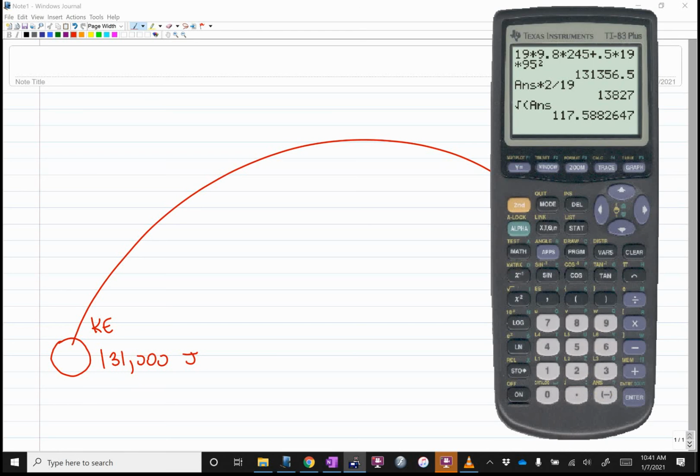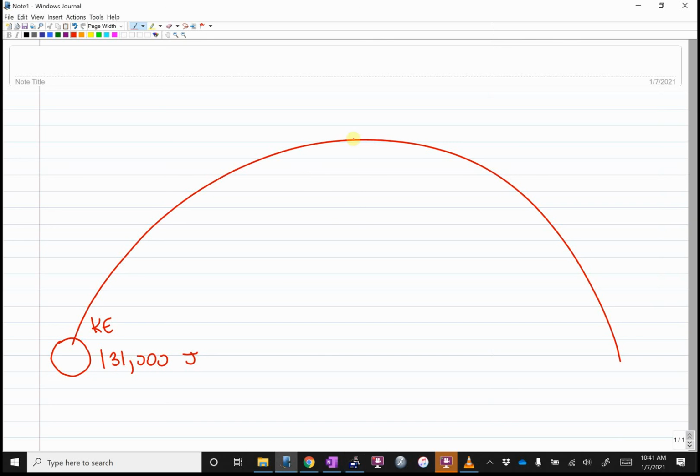Boom. That was enough for it to reach a height of 245 meters while still having enough kinetic energy to be traveling at 95 meters per second. So as it gets higher, it's losing kinetic energy, slowing down, turning that into the energy of height, potential energy.